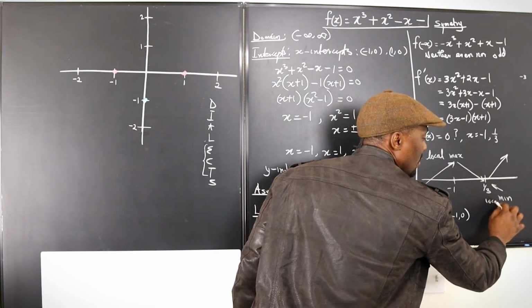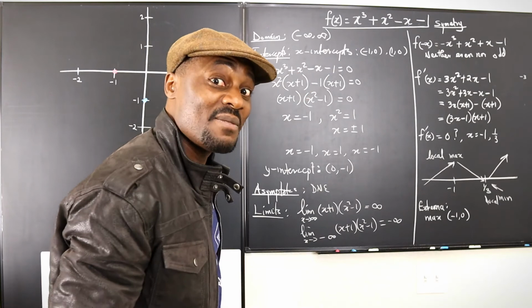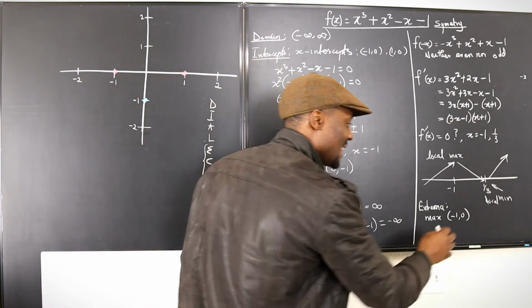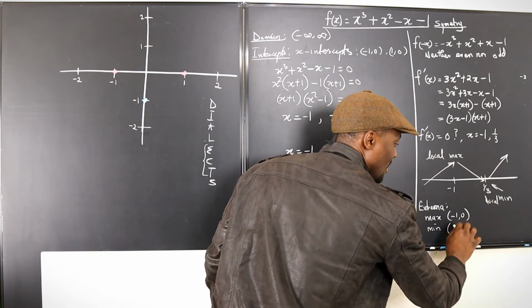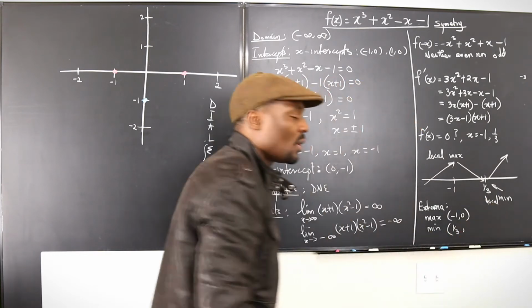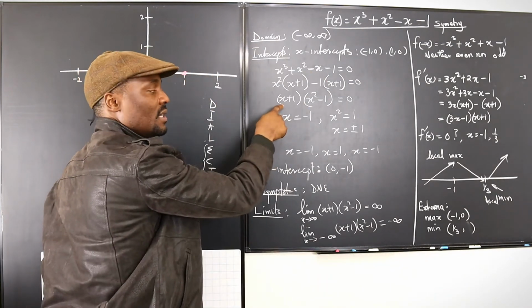Local. It is not the absolute minimum because you don't know. Remember, we're going to -infinity later. Okay, so at this point, your minimum happens when x is 1/3. What will y be when x is 1/3? Let's quickly compute that. So let's put 1/3 here.